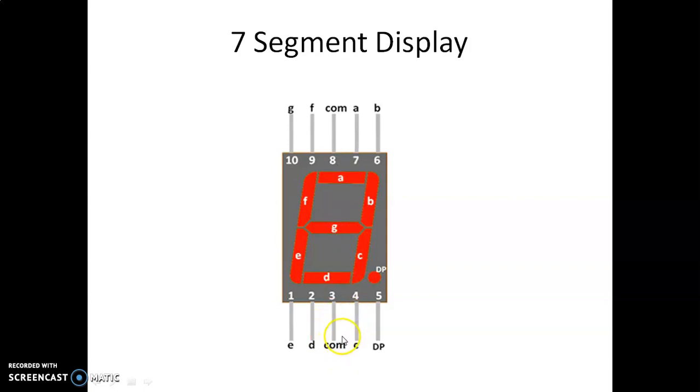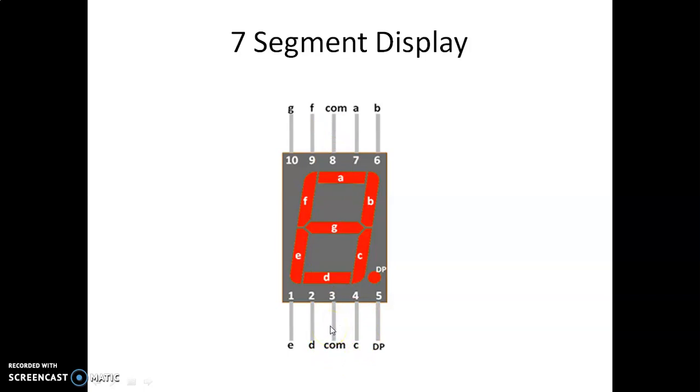In case of a common cathode 7-segment display, this pin needs to be connected to the ground, pin number 3 and 8. In case of a common anode 7-segment display, pin number 3 and pin number 8 need to be connected to plus VCC.